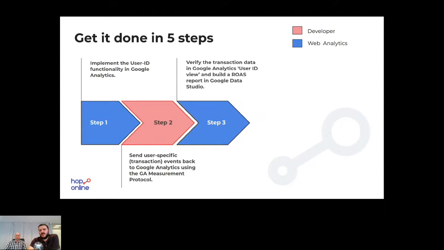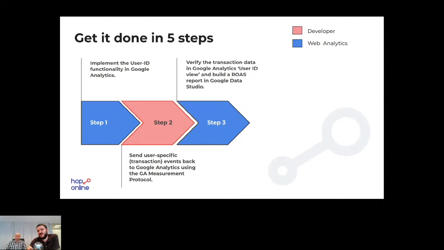So once the data starts coming into Google Analytics, as a next step, you need to verify that everything is working as it should and that the numbers are correct. So at this point, you just compare transaction data in Google Analytics to your payment platform. And once you've confirmed that this is correct, you can start building out your reports like the one we showed in the previous slides.